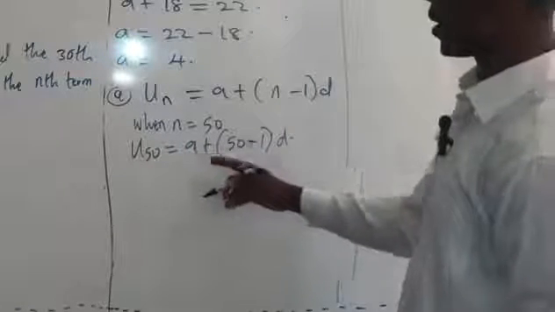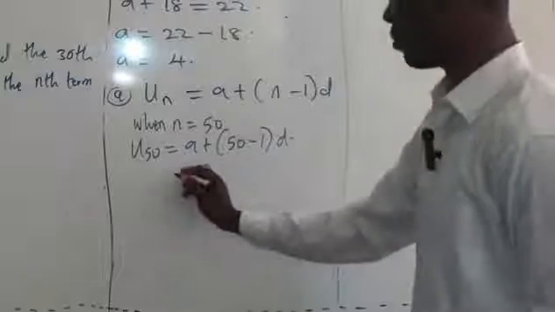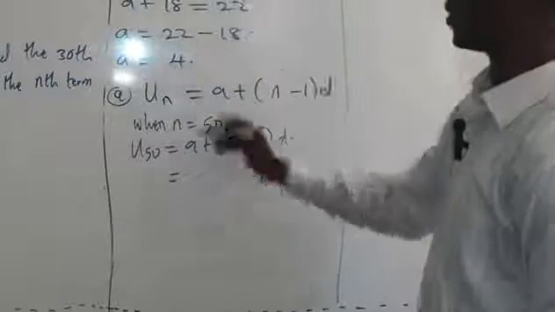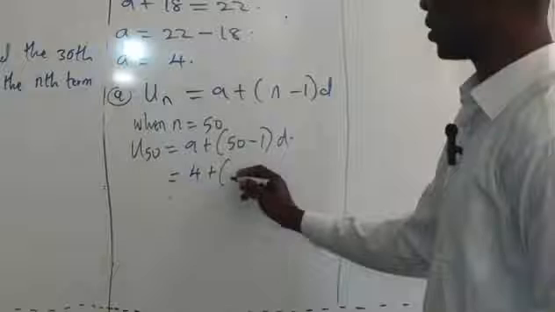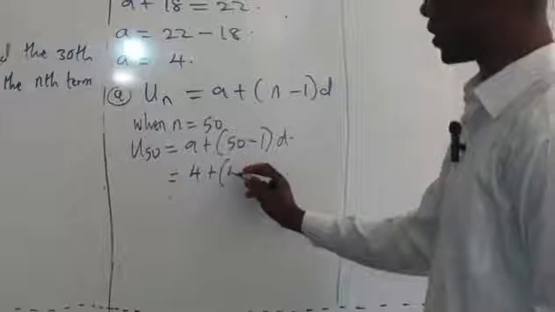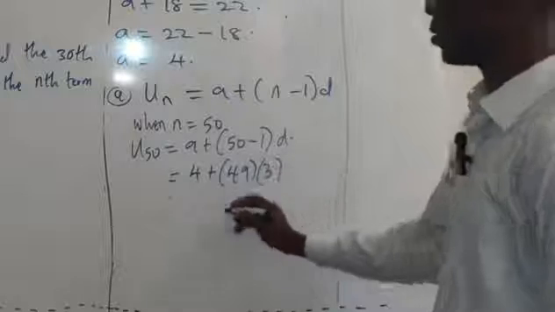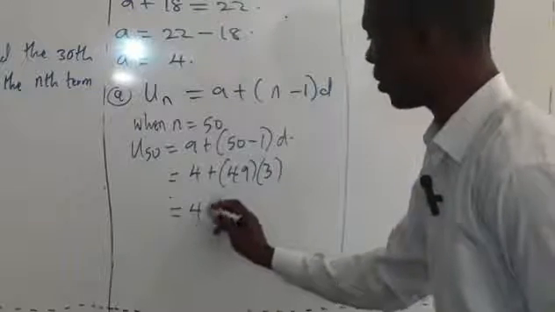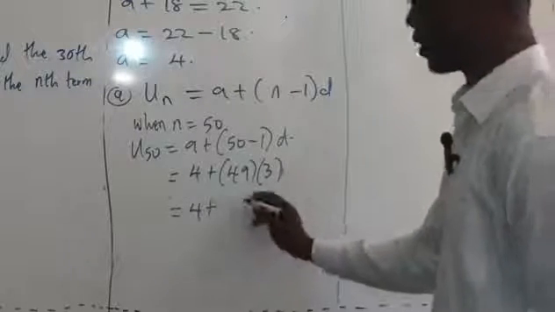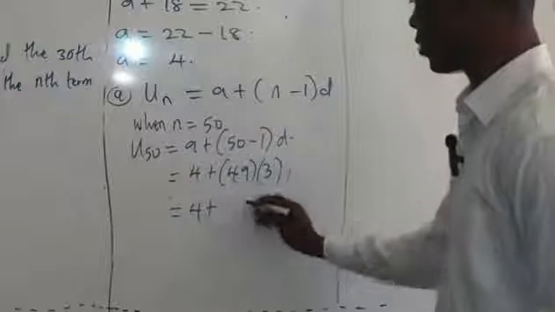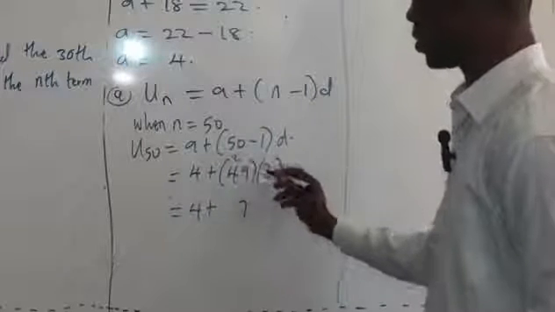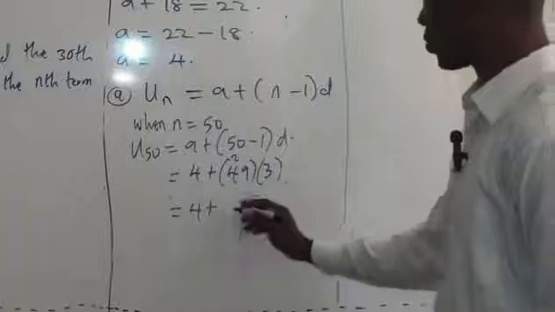So we've gotten our A, we've gotten our D, just substitute. We now have A is 4 plus 50 minus 1, that's 49, multiplied by the common difference, that is 3. So we now have 4 plus 3 times 49. 3 times 9, 27, that's 7 carry 2, 3 times 4, 12 plus 2, 14.